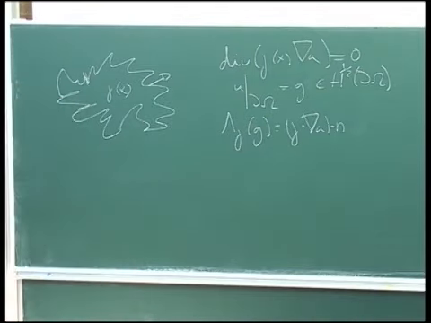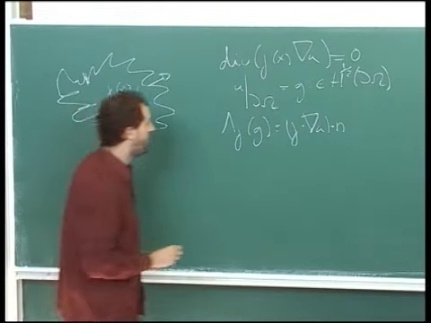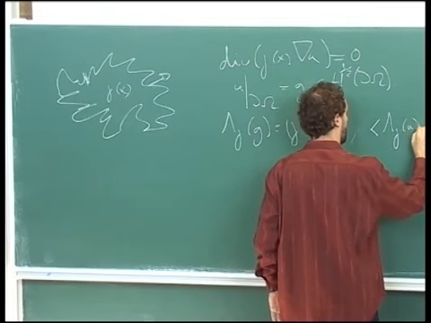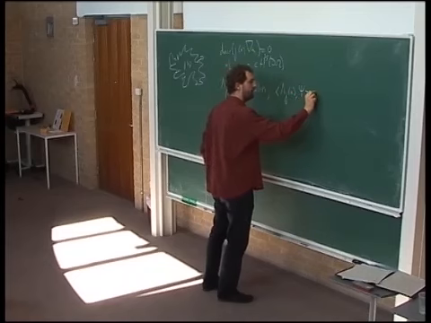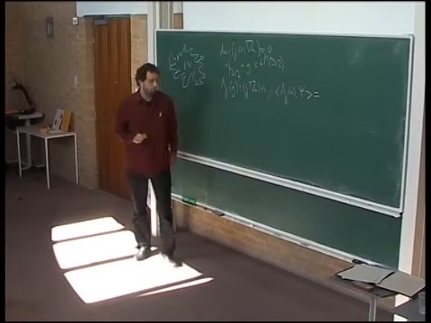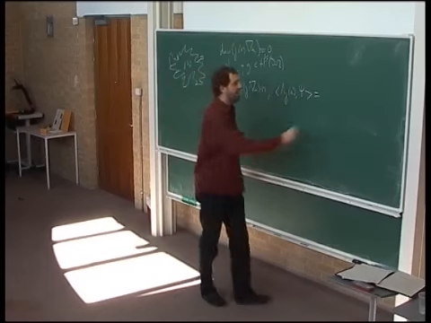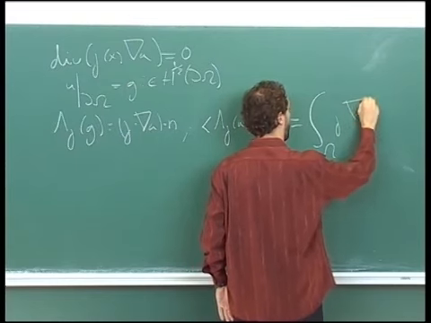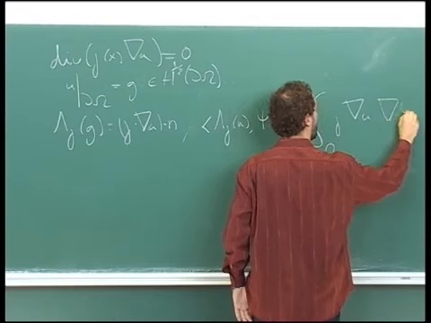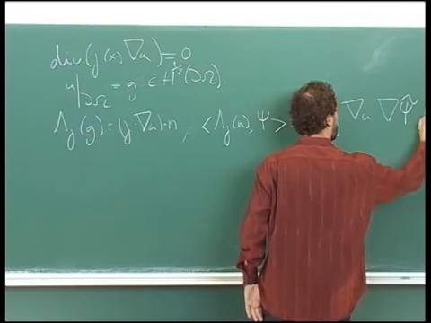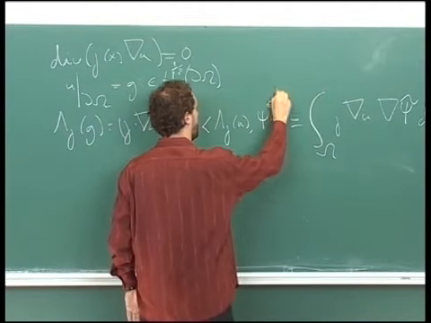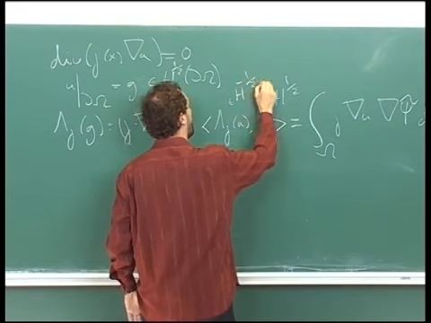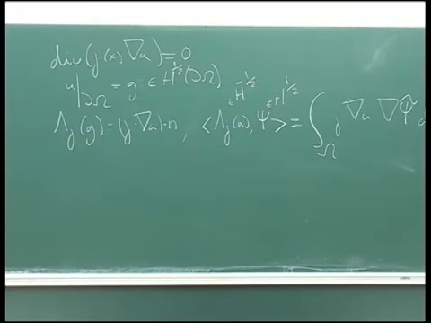So I can give this definition whenever I have a normal component, but I can also define it weakly. So I define this action as an operator in H^{-1/2} as this integral. And now this is in H^{1/2}, and this element is in H^{-1/2}. Okay?